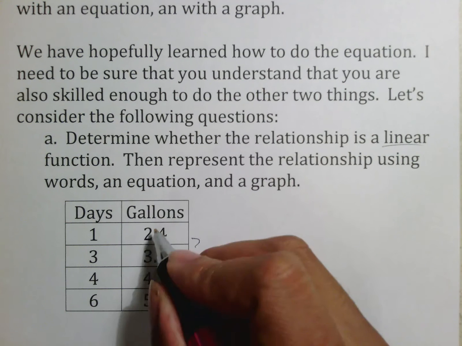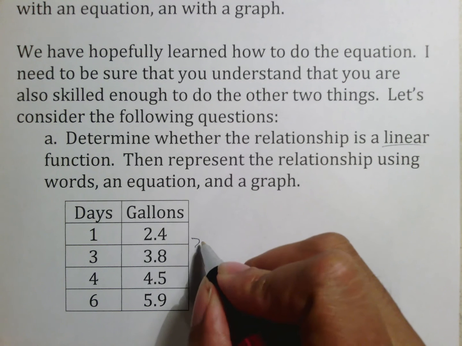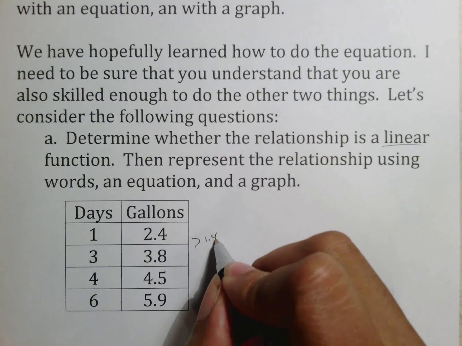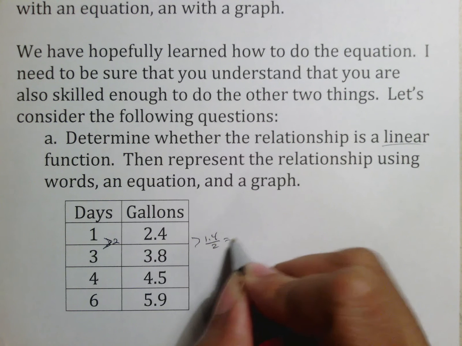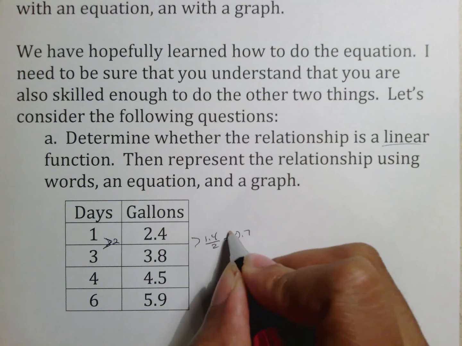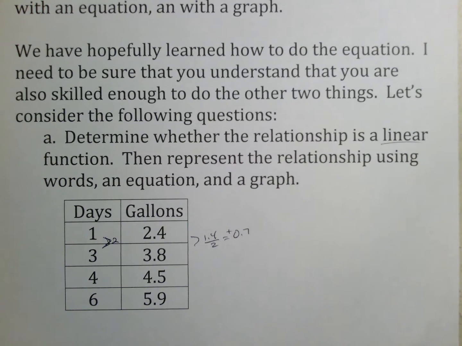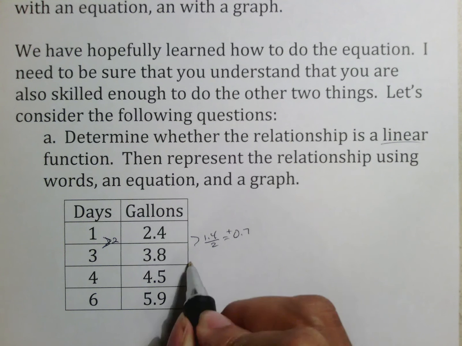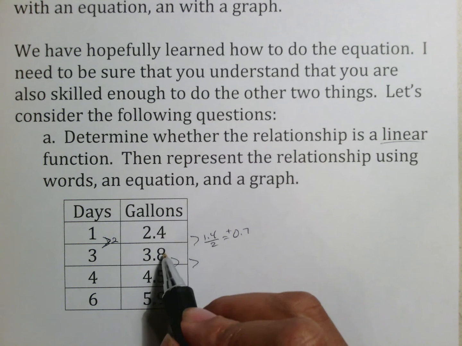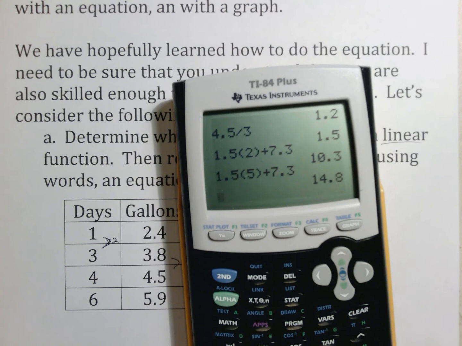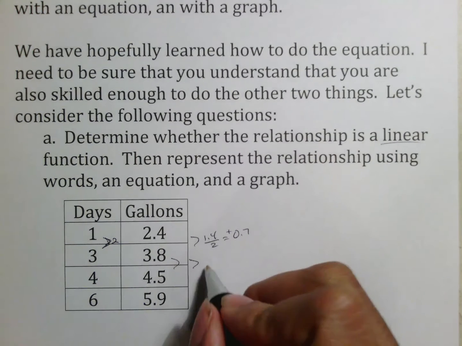We look here and we see from 2.4 to 3.8 is 1.4 over here. Unfortunately, this is a difference of 2, so we have to divide it by 2, getting a common difference of adding 0.7. In order for this to be linear, everything else has to make 0.7. Looking here, this is, I believe, 0.7. 4.5 minus 3.8 is 0.7.